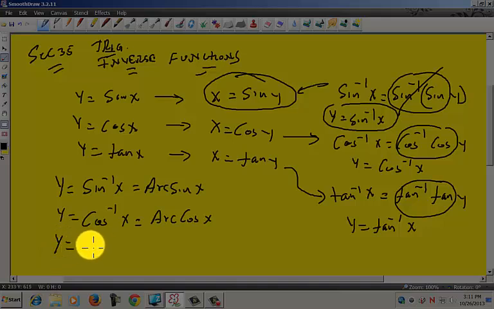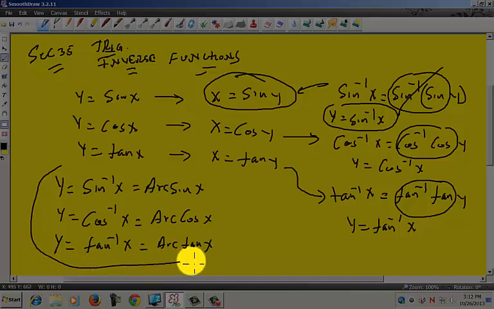And for tangent inverse, it's not a negative 1 power, it's an inverse, so you can also write this as arc tangent of x, so you won't be confused with the negative 1 power. So these are all inverses. These are the 3 trig functions we need to work on. The other 3 we don't have to worry about. We can manipulate those by using these 3.